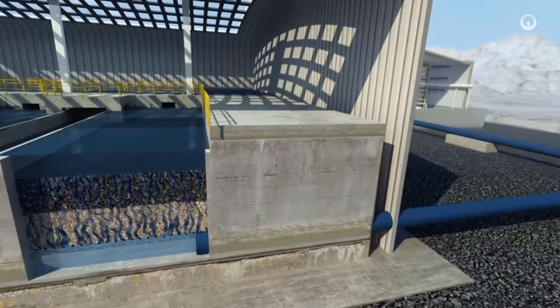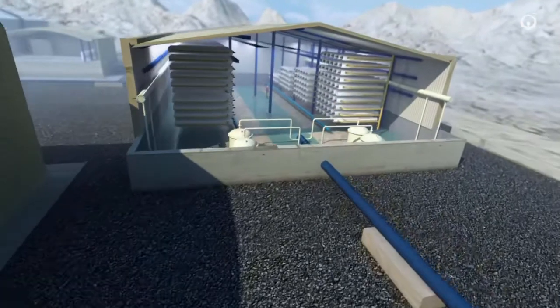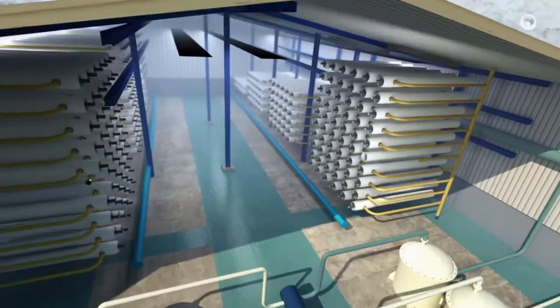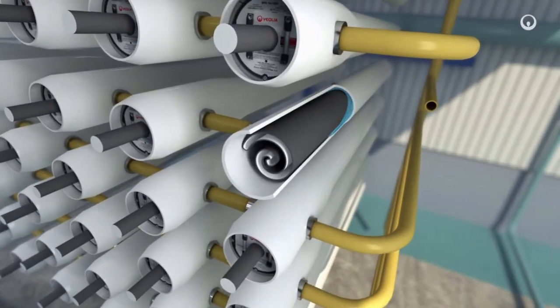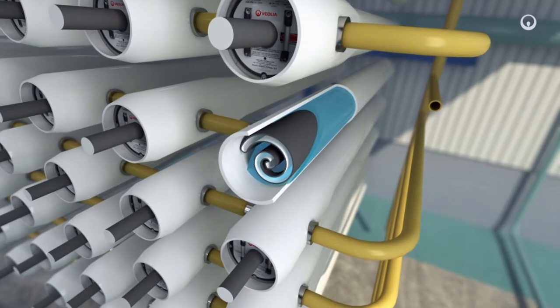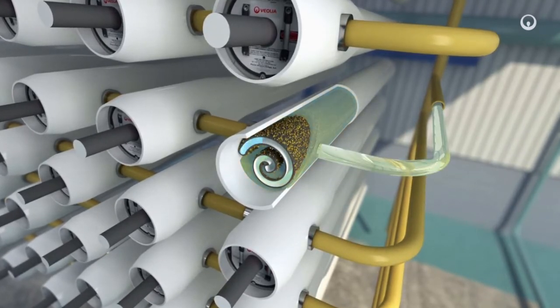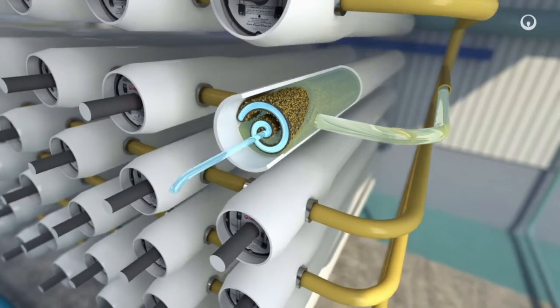At this point, the water contains nothing but salt. We microfilter the saline water, then treat it by using reverse osmosis technology. We pump the water through extremely fine semi-permeable membranes at very high pressure. These membranes hold back the salts and let the water through. This water is then collected in a central pipe.